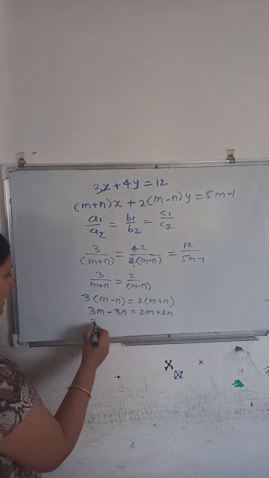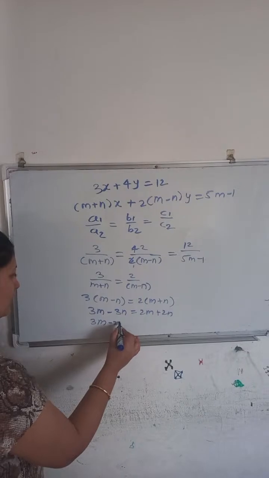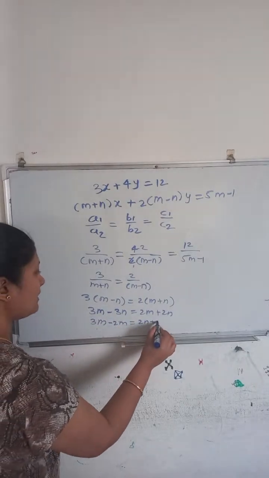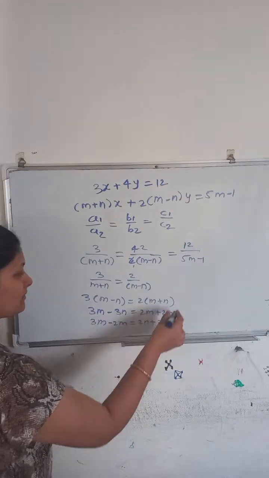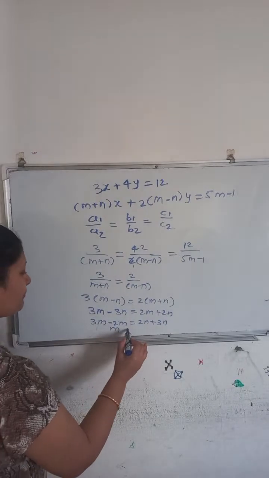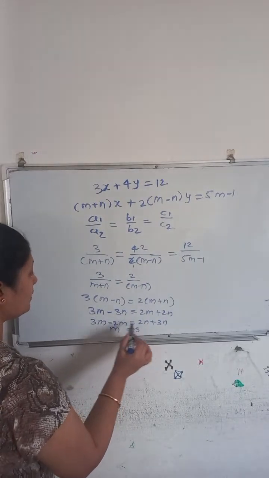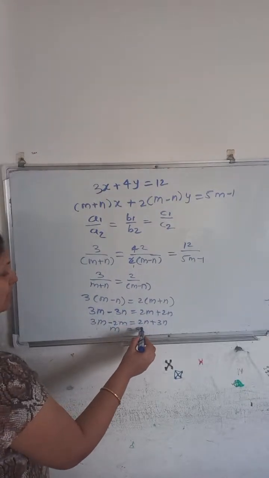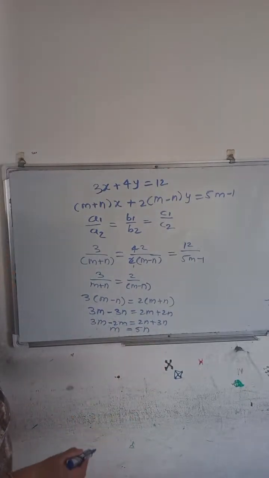So 2m you can bring to this side, 3m minus 2m, and here 2n plus 3n, since minus goes to that side and becomes positive. So m is equal to, because 3 minus 2 is 1m, and 2n plus 3n is 5n. So m is equal to 5n.